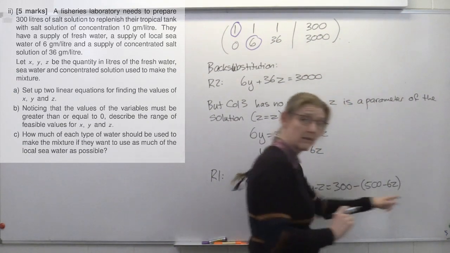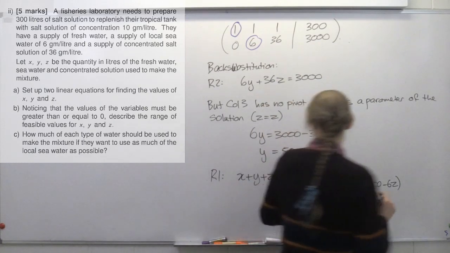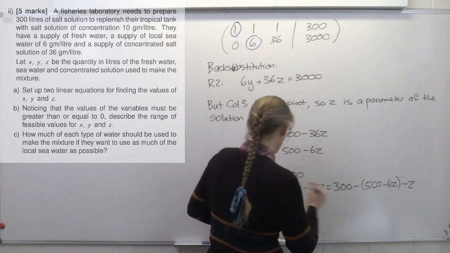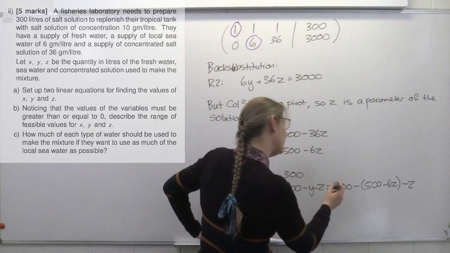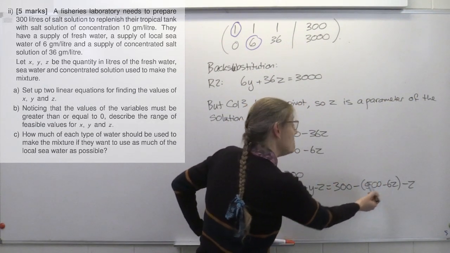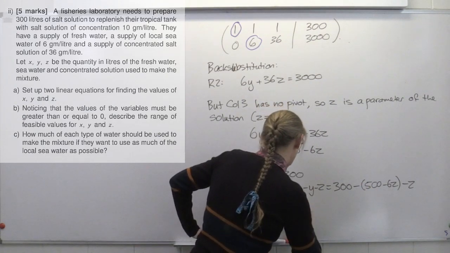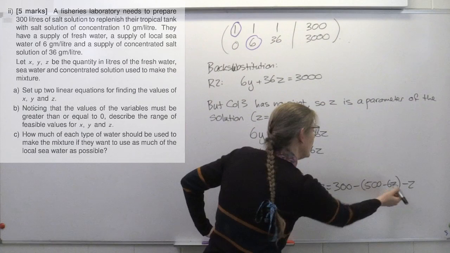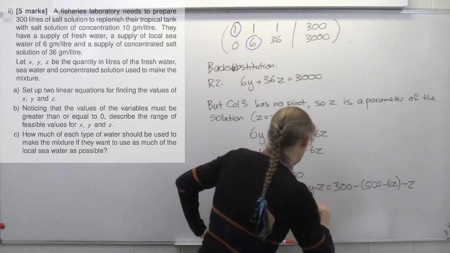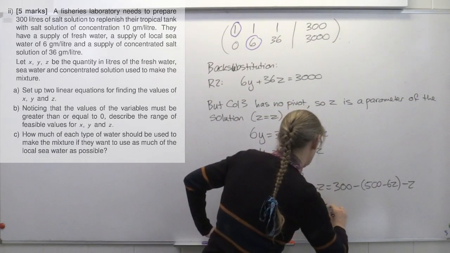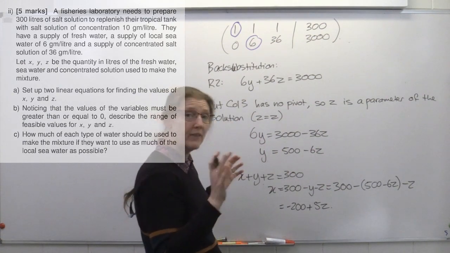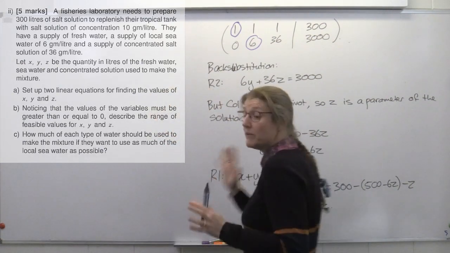Note the brackets, it's important, the minus sign applies to both bits. And then minus z. So this is going to be equal to 300 minus 500, that's minus 200. And then we've got minus minus, that's plus 6z minus z, plus 5z. All right, so we actually have now a solution in terms of our parameter z.